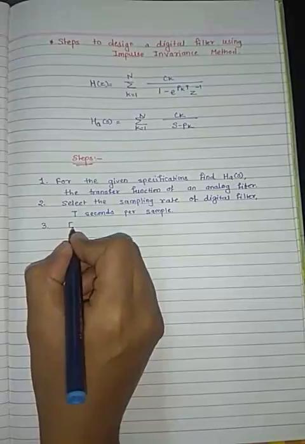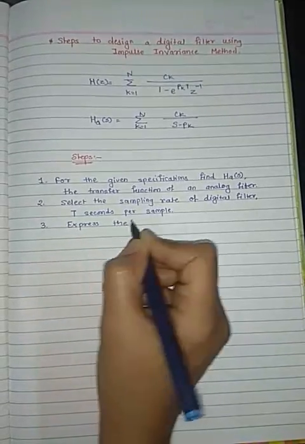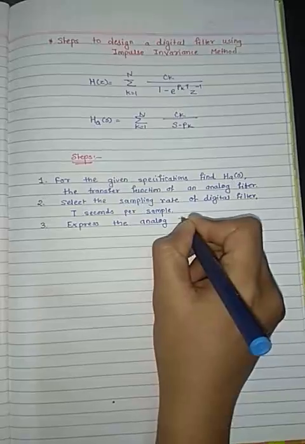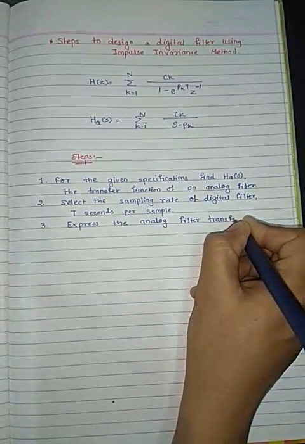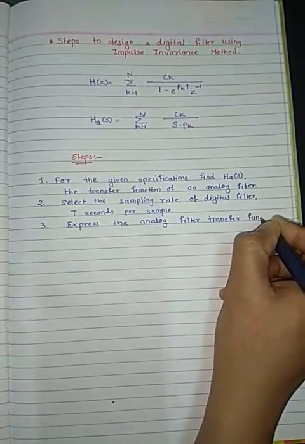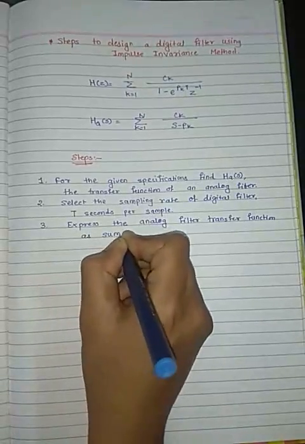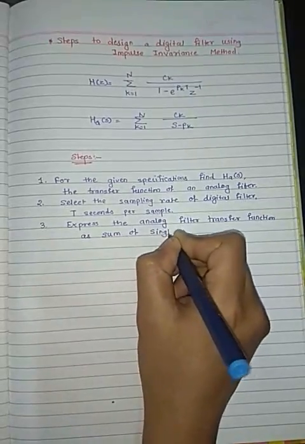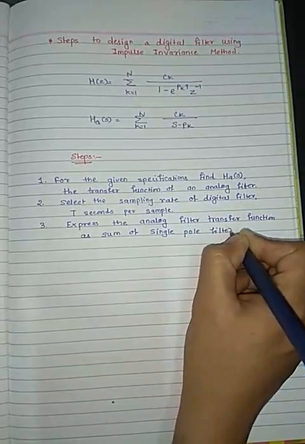Now express the analog filter transfer function as the sum of single pole filters.